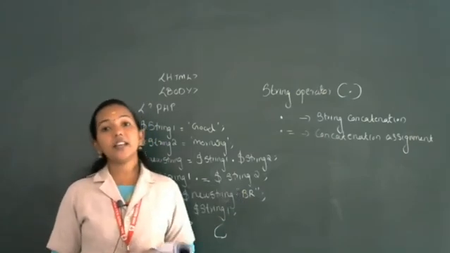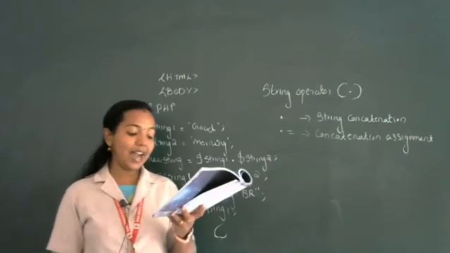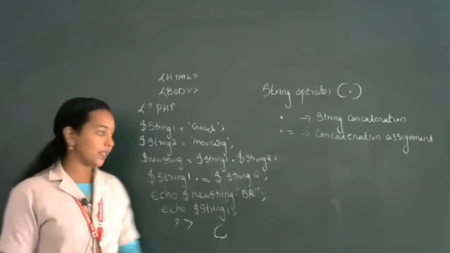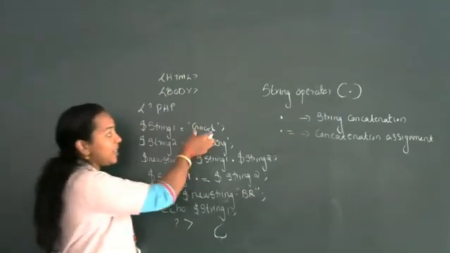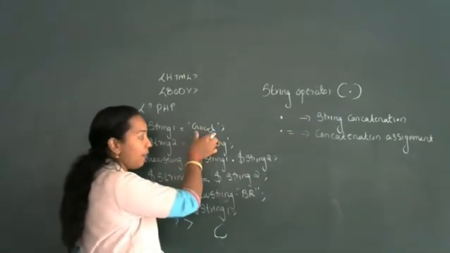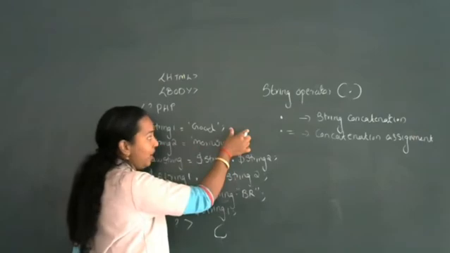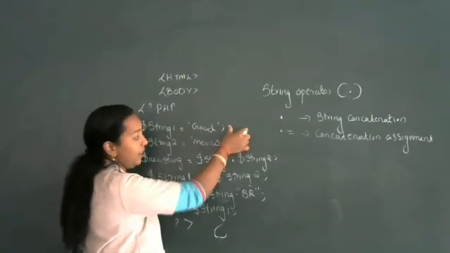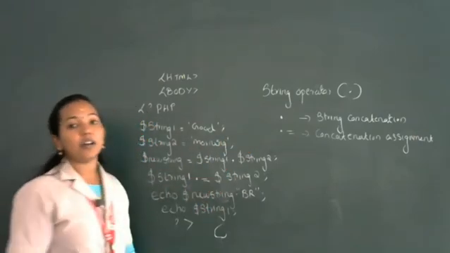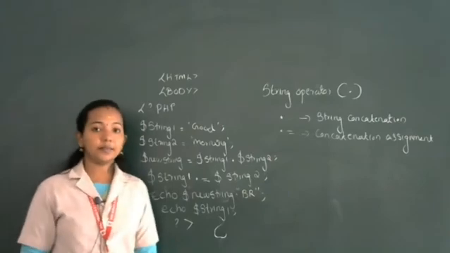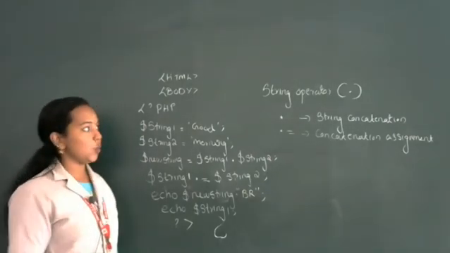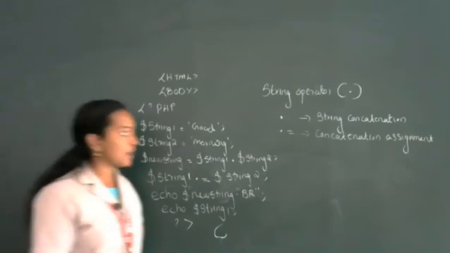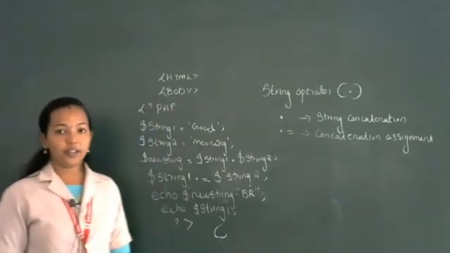The concatenation assignment operator adds the argument placed at the right side to the first variable, so we get good morning as a result. Clear? So two string operations are present, dot and dot equal to.